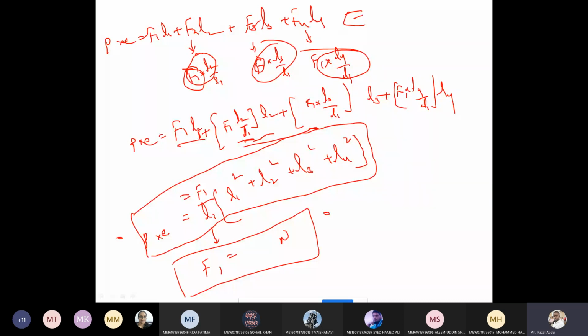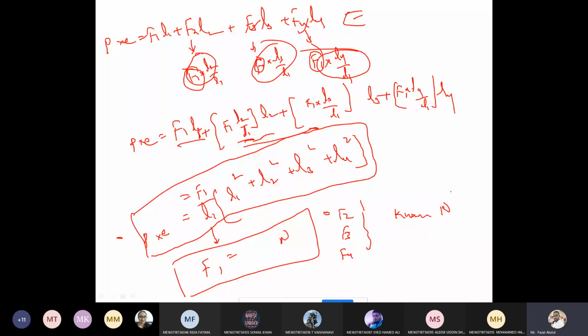Substitute the F1 value here, you will get F4. That is, after calculating F1, F2, F3, F4 are going to be known in terms of newtons. Okay.